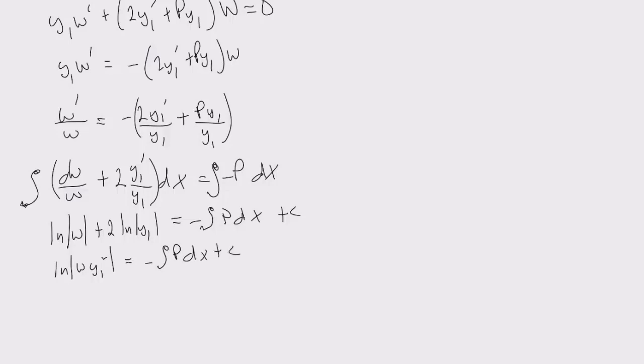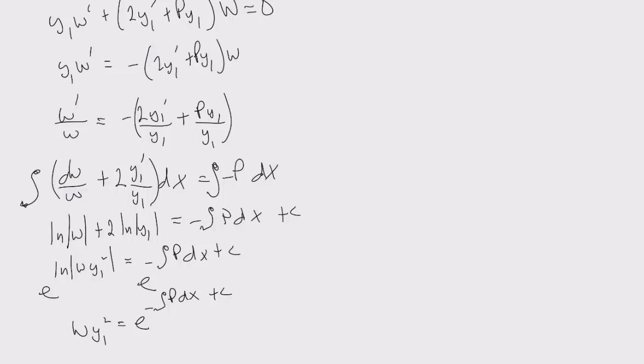Since I'm trying to solve for w, I want to use my e rule here, so I'm going to raise that all to the power of e. That leaves me with w y1 squared equals e to the negative integral of p of x dx plus c. We have seen that process before, where it's plus c raised to some exponent of e, so we're going to convert that into a different constant. We'll just call that c1 out front.